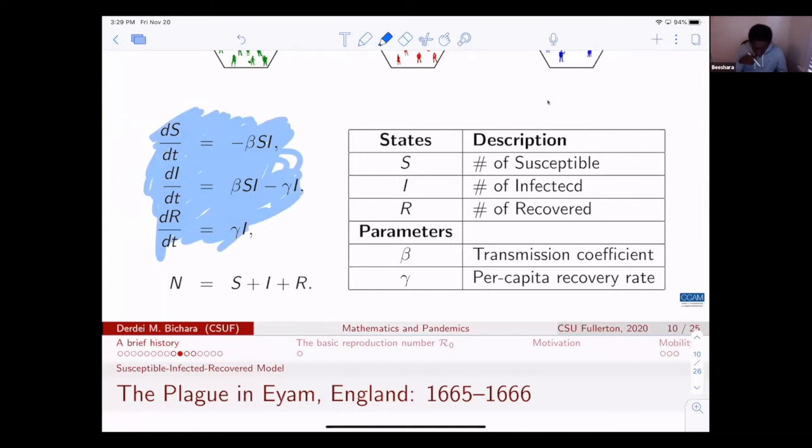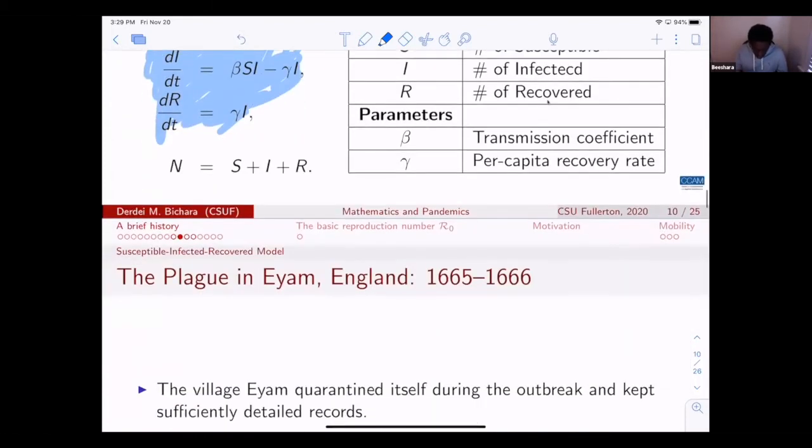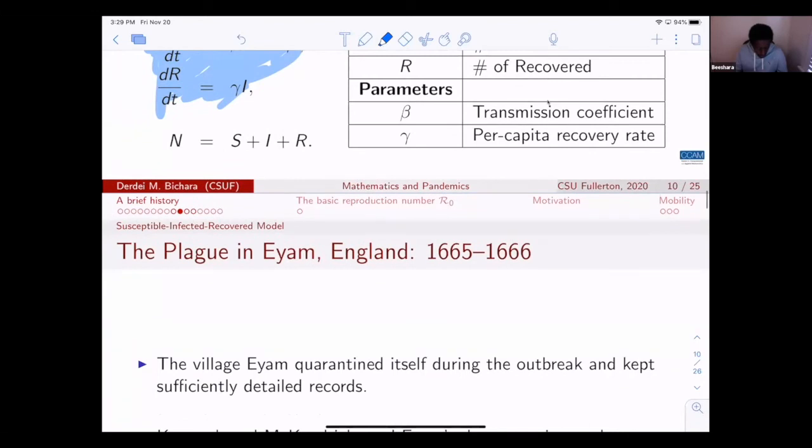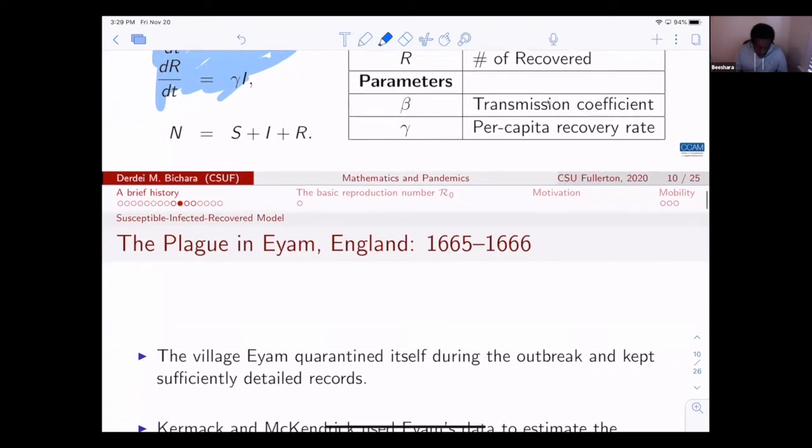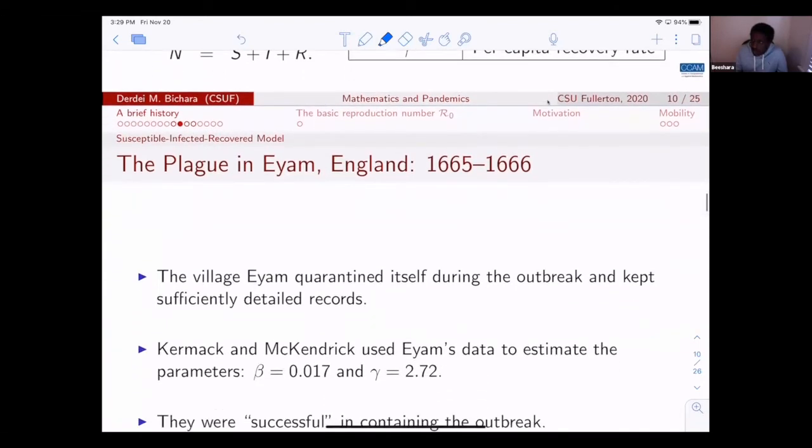Back in 1665, there was a plague in England, and particularly there was one small village called Eyam. This village was hit by the plague, and they tried to quarantine themselves. They wouldn't let anyone in, and no one would leave.